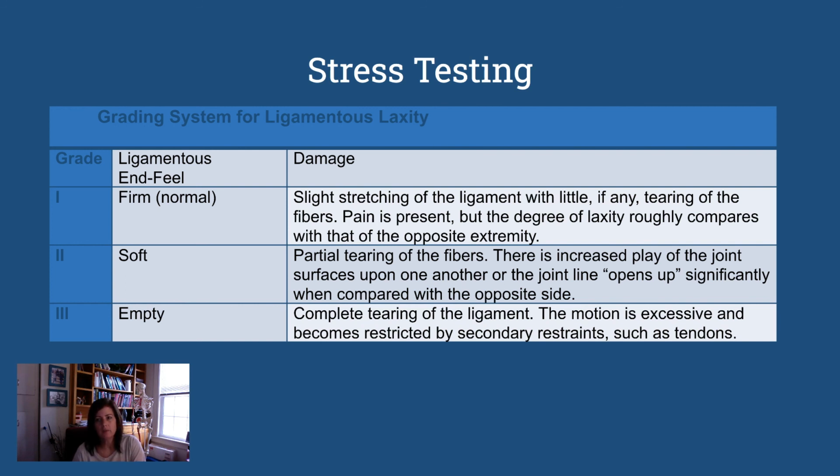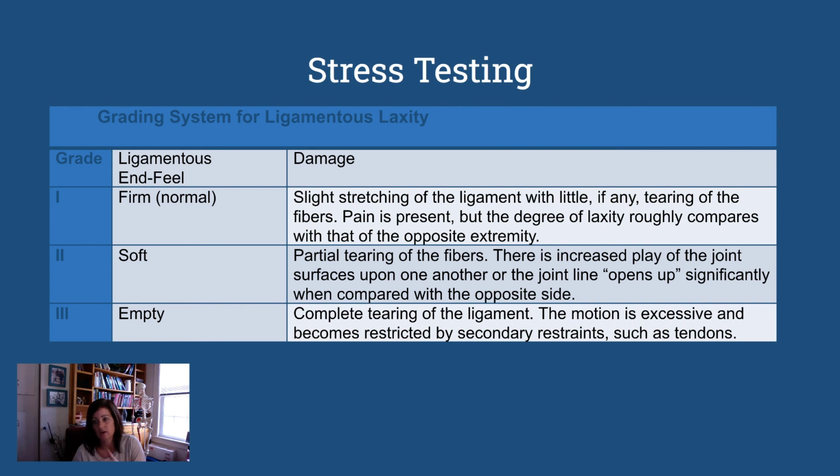A soft end feel means that we've got a little more joint play, maybe a little more than you would expect there to be. And then an empty end feel is a grade 3, and this is the type of end feel that I always describe to my patients as it makes your stomach turn.